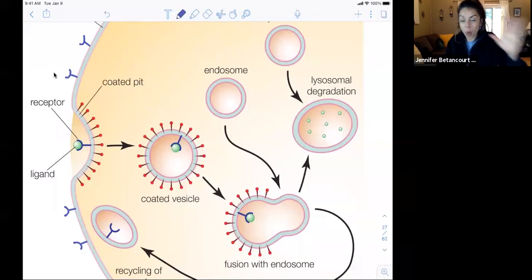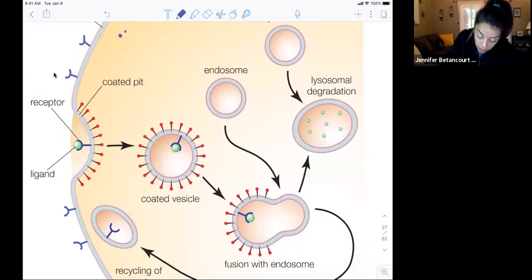Okay, so imagine it could only catch a baseball. And so the ligand here, the molecule that needs to be ingested or endocytosed, can only get in there if it attaches to the receptor. So once this interaction happens, that's when the cell membrane starts to form a vesicle.